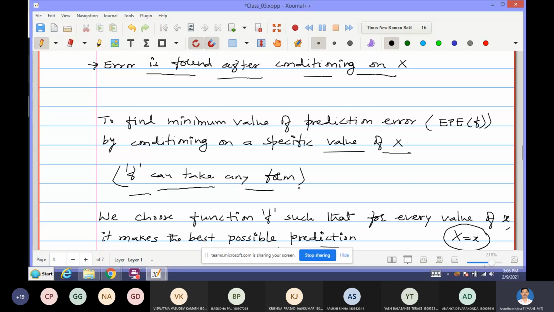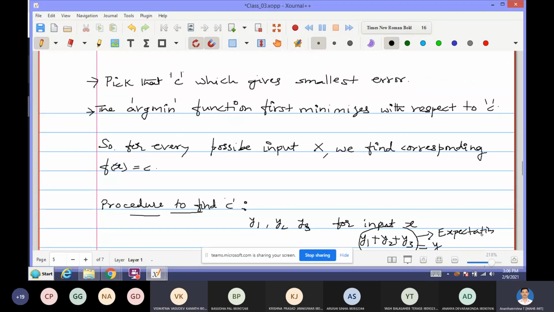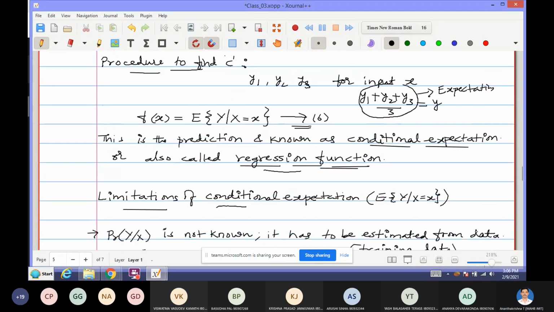But if you say that f is linear, then you are limiting your f to that linearity. If you say that f basically does the averaging operation, that's the kind of bias that we are going to introduce. That's what I said about the biasing.